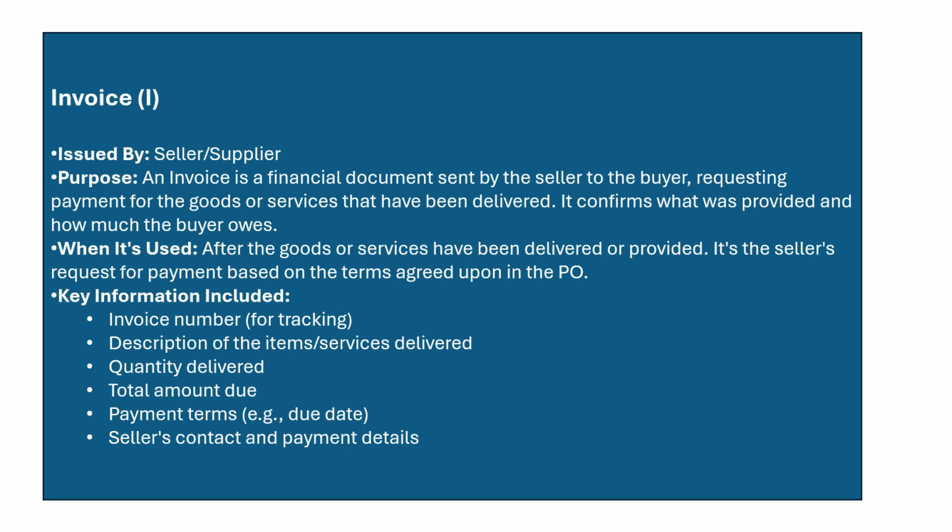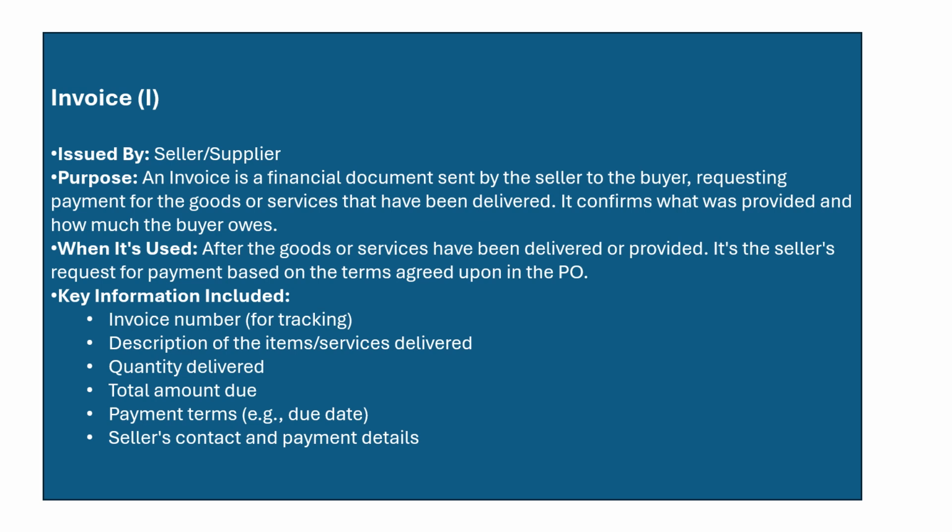So after the goods are delivered to the buyer side, the seller will request the payment, based on what was agreed in the PO, the basic conditions they mentioned. So the seller is asking for payment with the agreed terms of the PO.